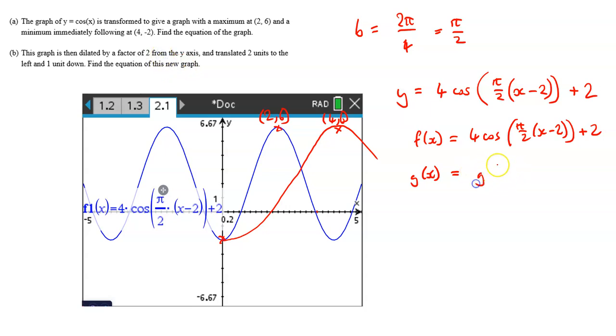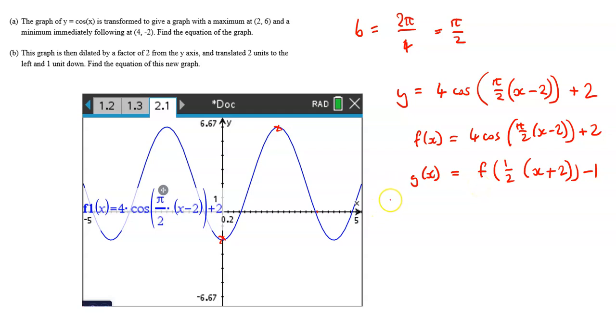A factor of 2 means it's going to be a half, then brackets, x plus, and now we're going to include the 2 units to the left, so that's going to be plus 2, and then 1 unit down. Oh, I've missed something out, haven't I? It should be g of x is, bother, it should be f there.